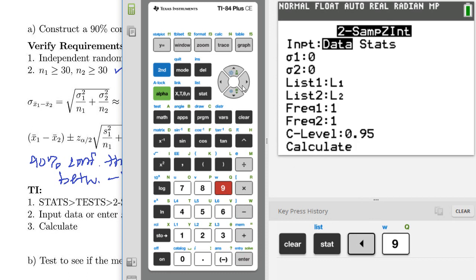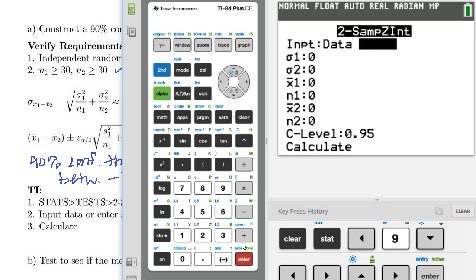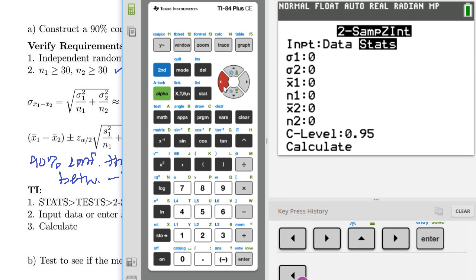And we have summary statistics, so we're going to arrow over here and highlight that. And then our sigma 1, we have 4, sigma 2, 7.